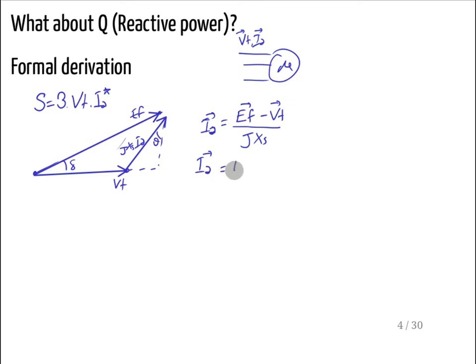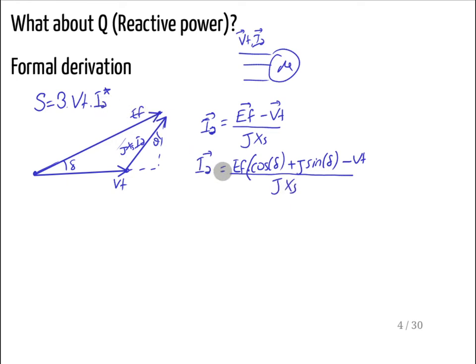The first is EF times cosine delta, that is the real part, plus j sine delta. That defines the EF vector. So EF cos delta is the projection over the x-axis, and j sine delta is over the y-axis. Then minus Vt, which is not a vector but the magnitude, because it is on the horizontal axis, and it is divided by jXs.